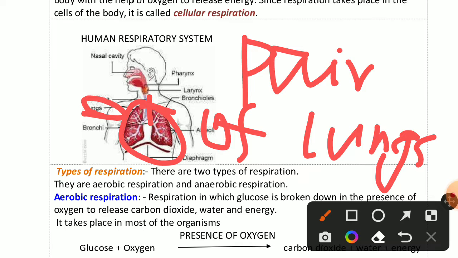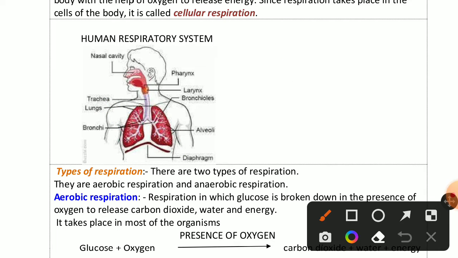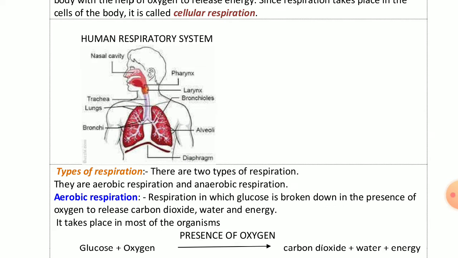They are important because the inhaled air is stored in the lungs, and the exhaled air is pushed out through the nasal cavity and we exhale. That is the important part of respiration.